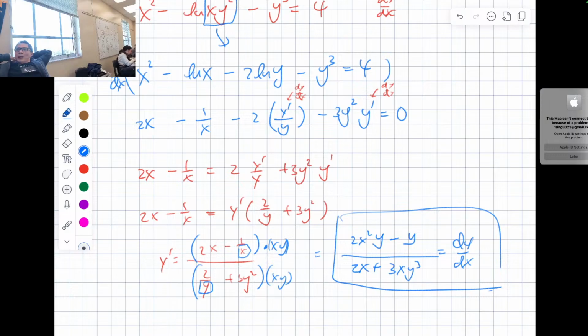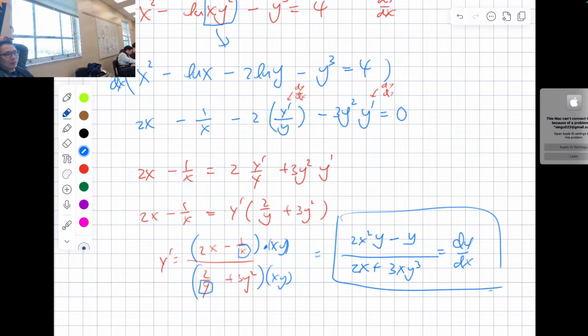Any questions? Yes, I didn't understand that. I multiply top and bottom by xy because I see the top part has 1 over x, the bottom has 2 over y. So the common denominator is the easiest way to get rid of the denominators: multiply by the common denominator, top and bottom.